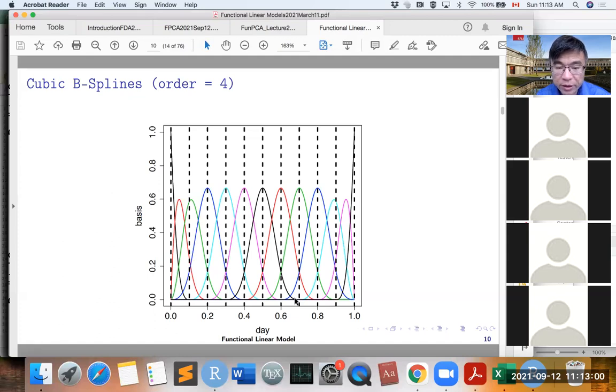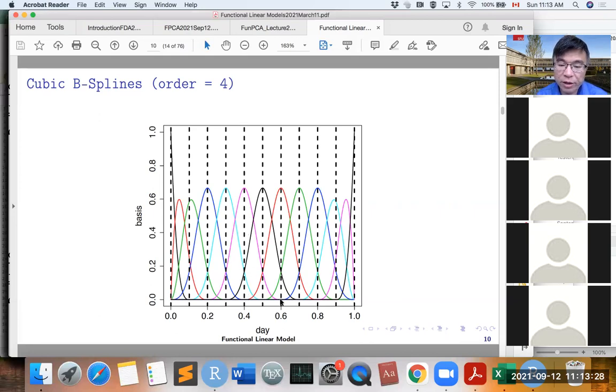This black basis function is only non-zero over 4 intervals, and these vertical lines are the locations of the knots. B-splines are defined by the order and the knots.